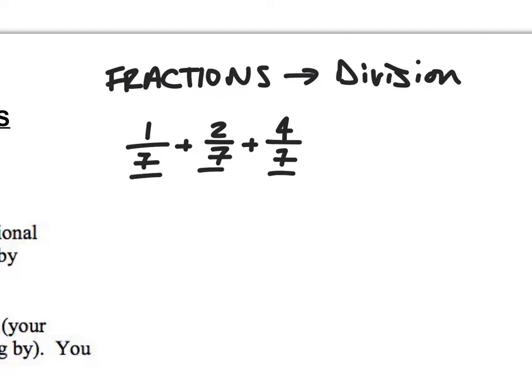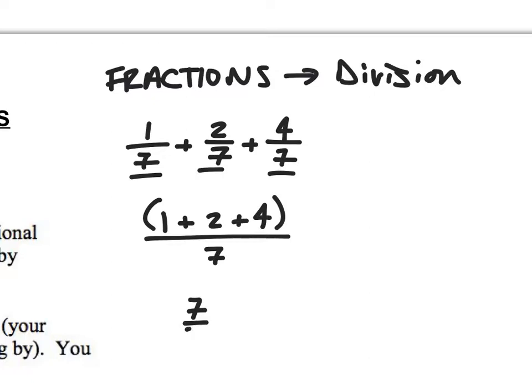So when we have common denominators, I just add my numerators, so 1 plus 2 plus 4, all divided by 7. Then we would add our numerators and get 7/7, which would end up giving us 1. But I want to talk about this step here: going from 3 separate fractions to 1 fraction is possible when you have a common denominator.